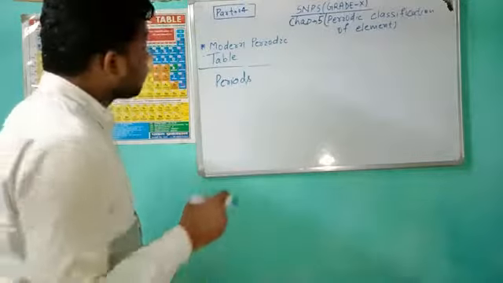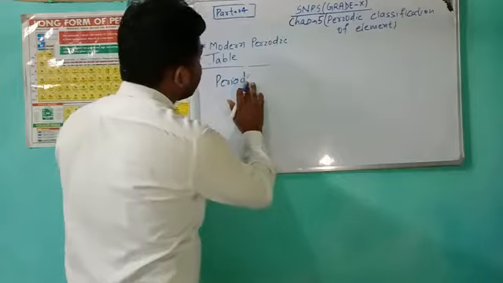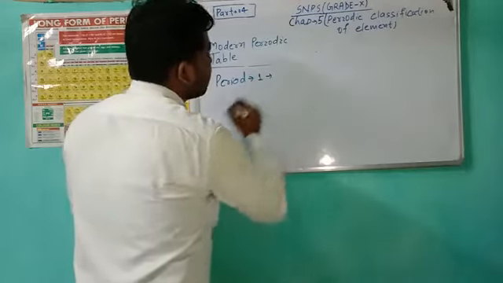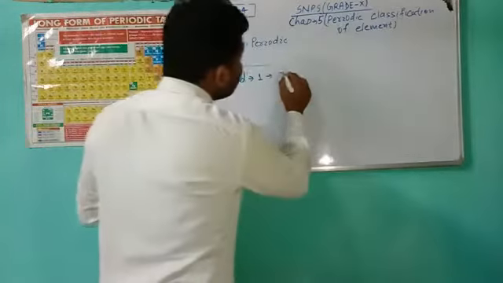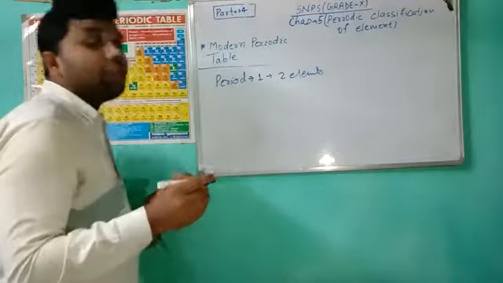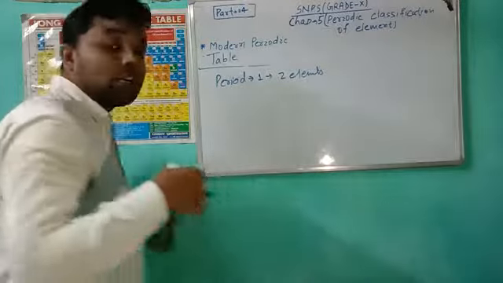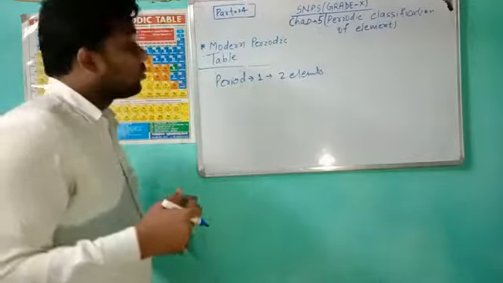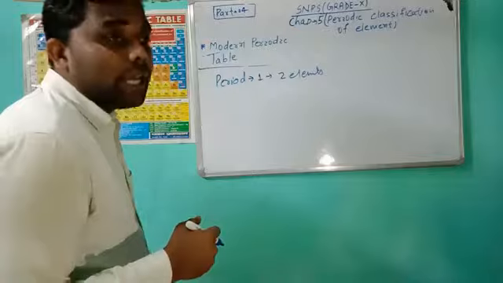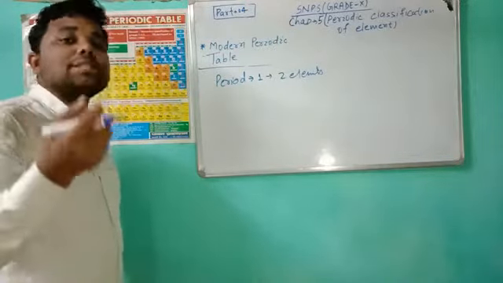If we take some examples, period 1 has 2 elements, and if we make the electronic configuration of these 2 elements, then we can see some special things.